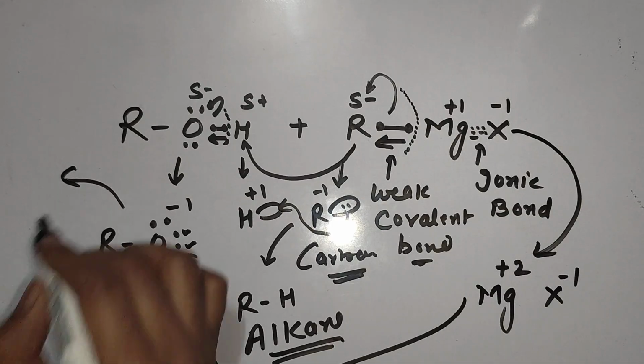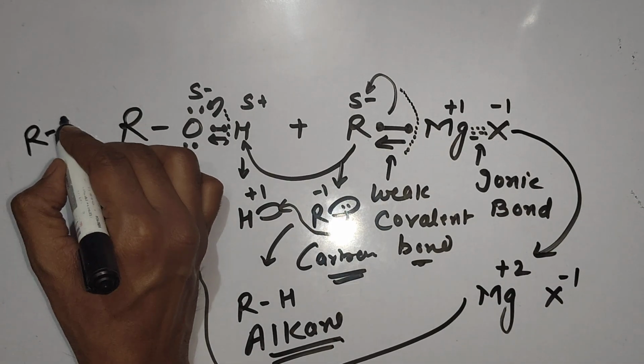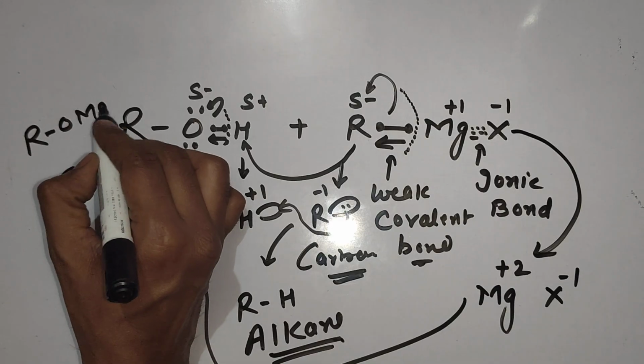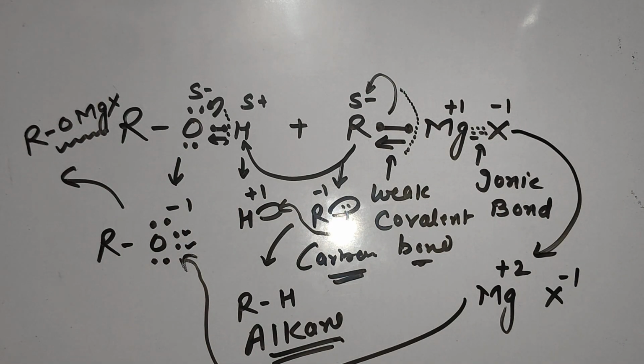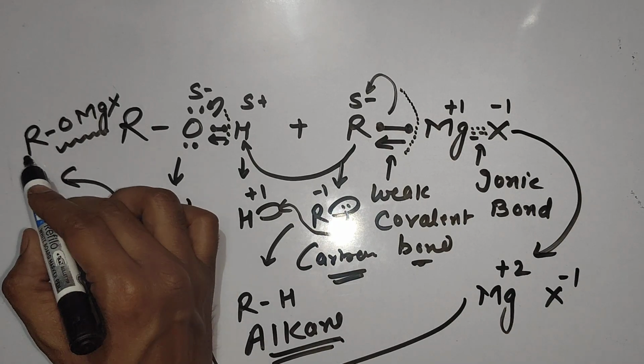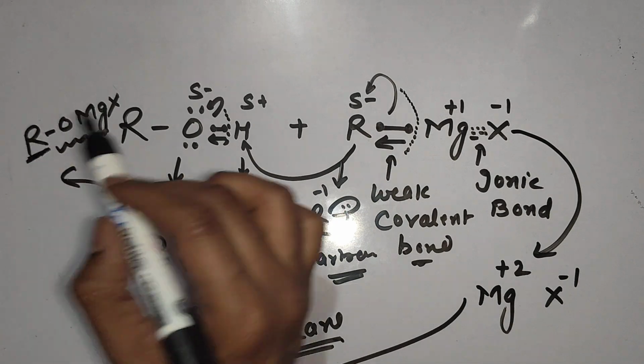The side product will be ROMgX. Depending on the nature of R, this is an alkoxy magnesium halide.